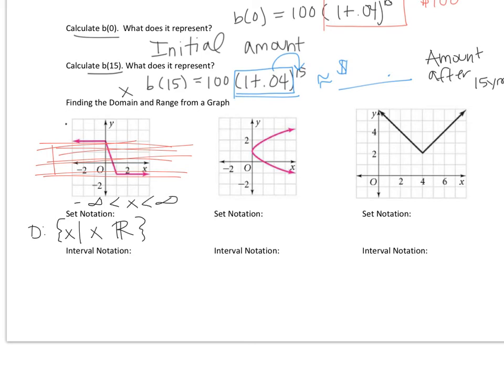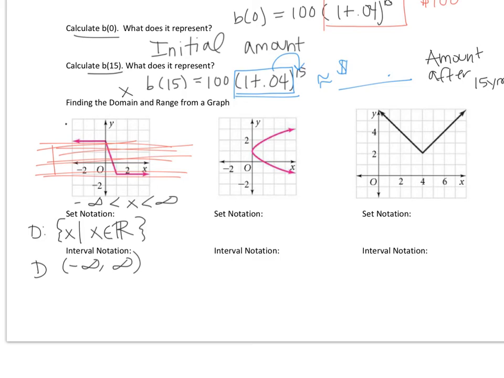Or for the interval notation, it would be negative infinity to infinity. Sometimes, we can also write an element symbol. The element symbol looks like this. So this means that x is an element of all real numbers.